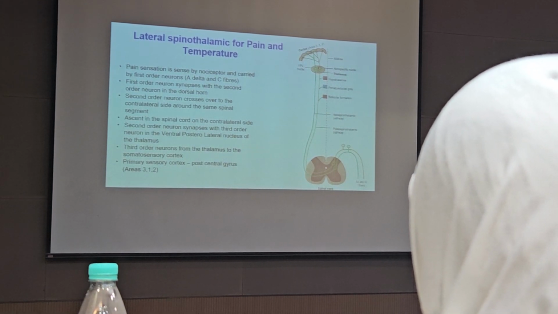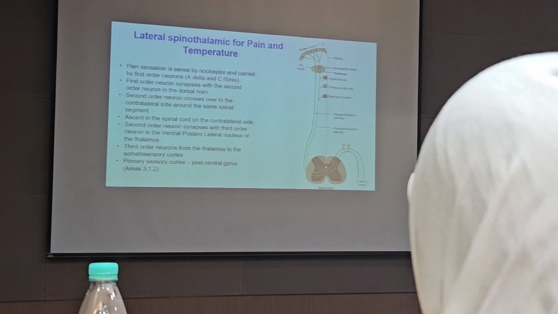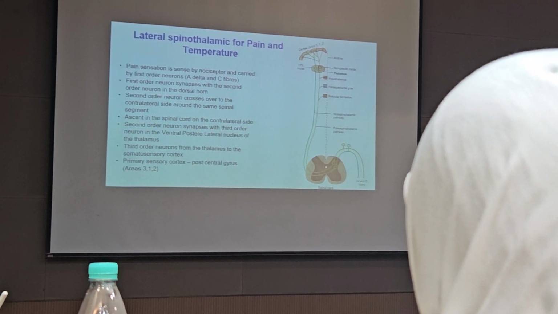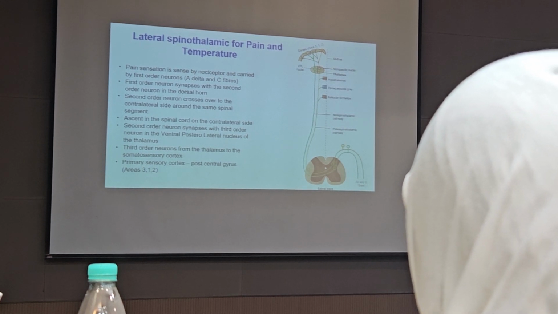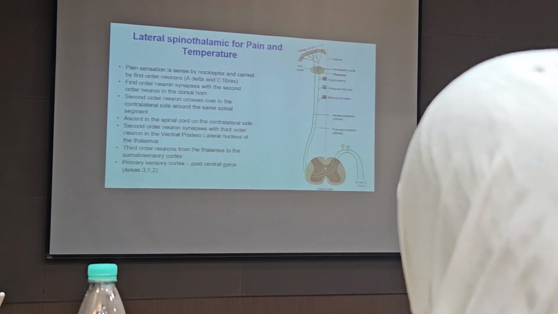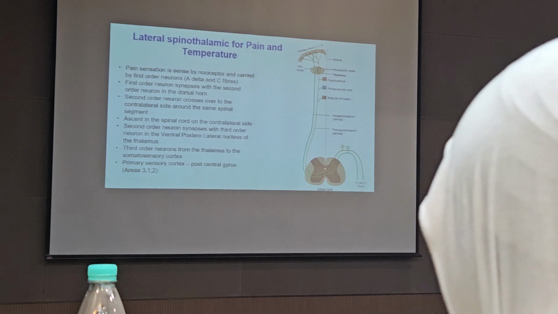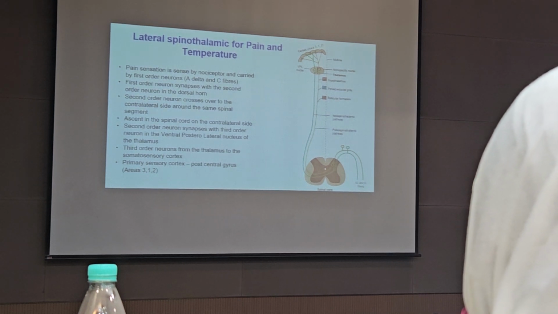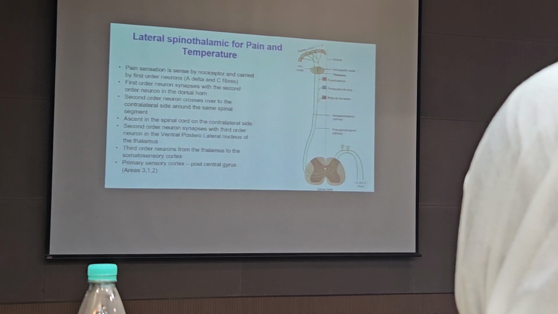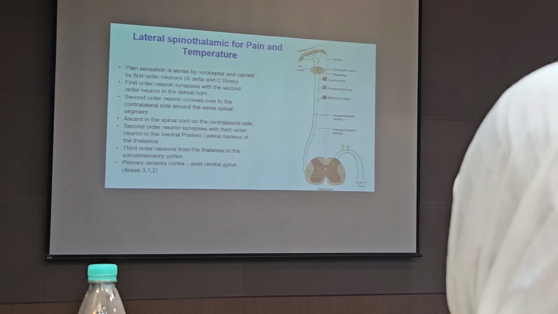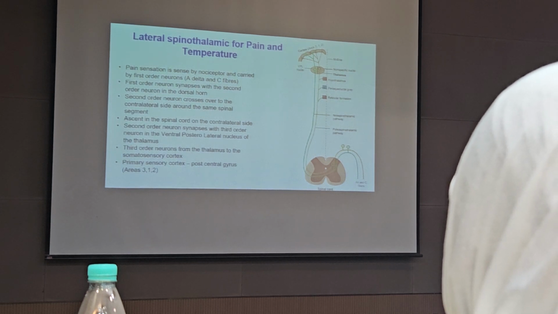Okay, so this one synapses with third order neuron and gives projection to the cerebral cortex mainly. But before reaching the cerebral cortex, which areas do they give branches to? See, what is this one? A lot of stations they rest. See. Reticular formation area. Next is periaqueductal gray matter, this nucleus and hypothalamus.